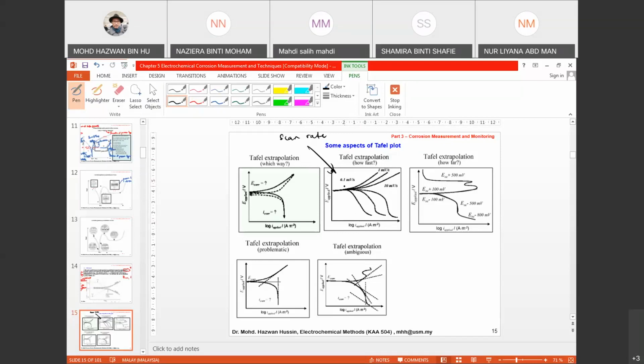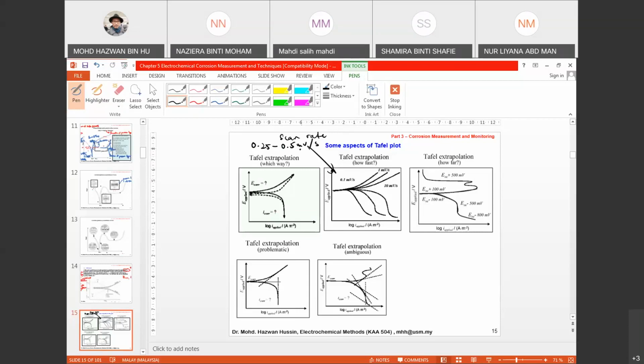If you ask me which scanning rate is the best for potentiodynamic polarization, the best value will be around 0.25 or 0.5 millivolt per second. 1 millivolt per second is still acceptable, but it's still considered high.